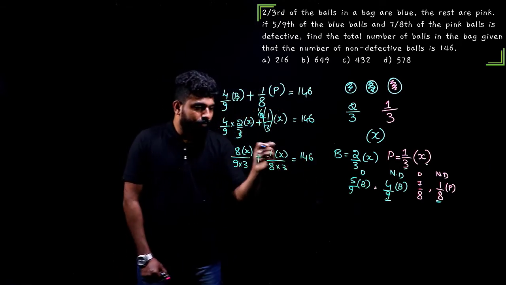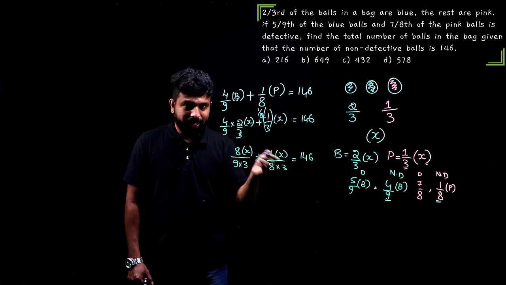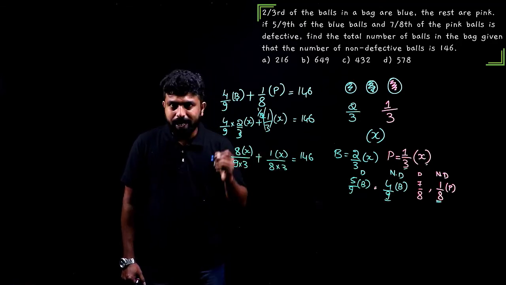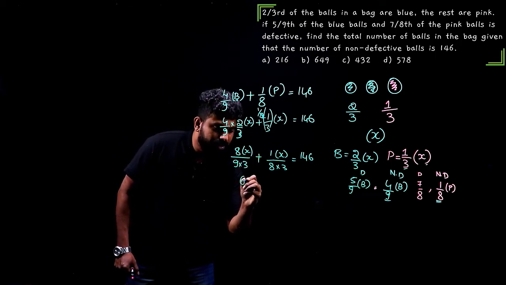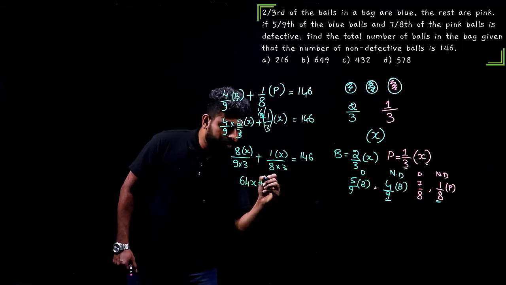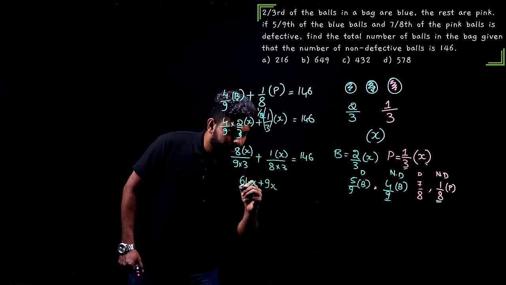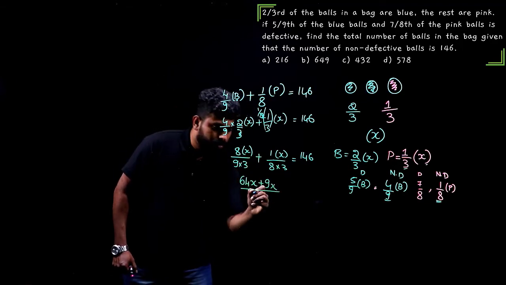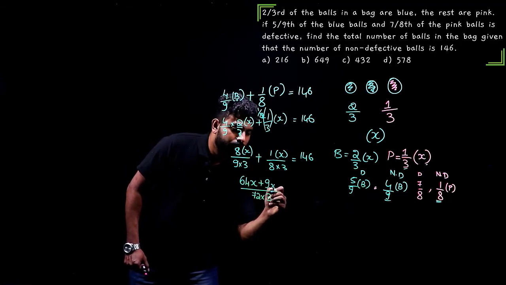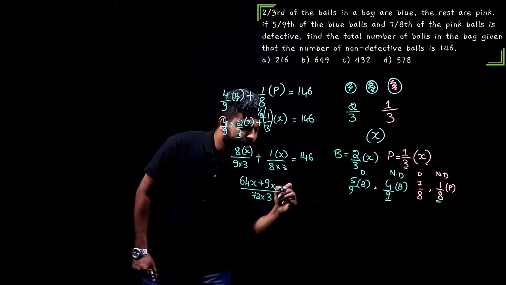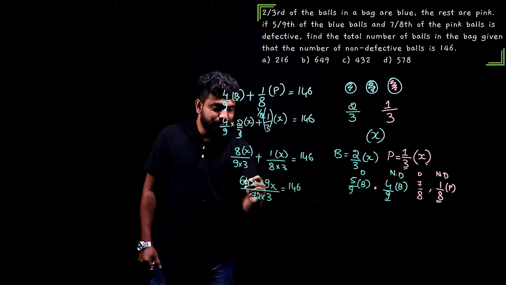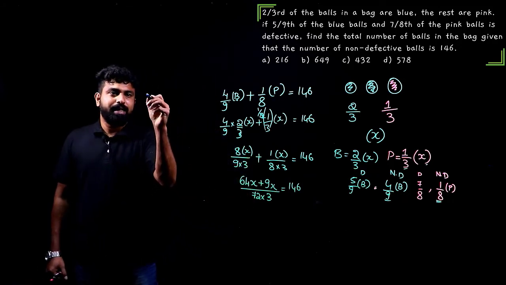So now if we have to simplify this further, we'll have to take the LCM. When we take the LCM, 8 should be multiplied to this 8. So it will be 64x plus 9x, divided by 9 into 8, that is 72 into 3, which will give me 146. 64 plus 9 is nothing but 73.